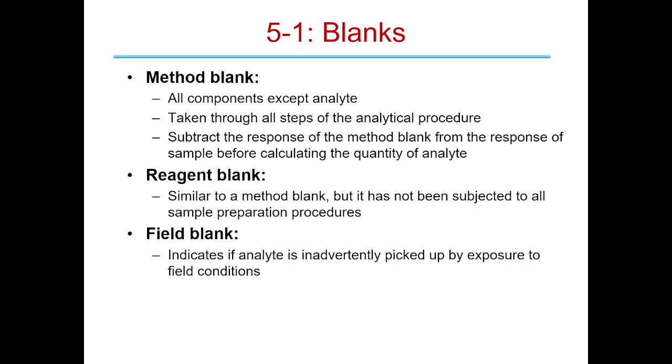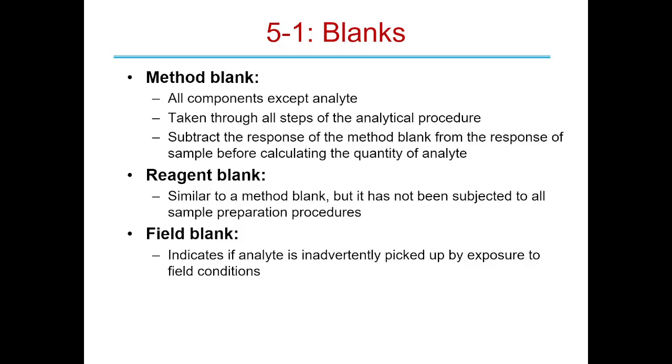So a method blank is going to be all the components except your analyte. This is taken through all steps of the analytical procedure. This is the primary blank we're going to be using in most of the experiments we do this semester, okay? And this is the blank that you've typically used, probably. I doubt you've used much of the other blanks. Subtract the response of the method blank from the response of the sample before calculating your quantity of analyte, and that's the typical blank we've talked about.